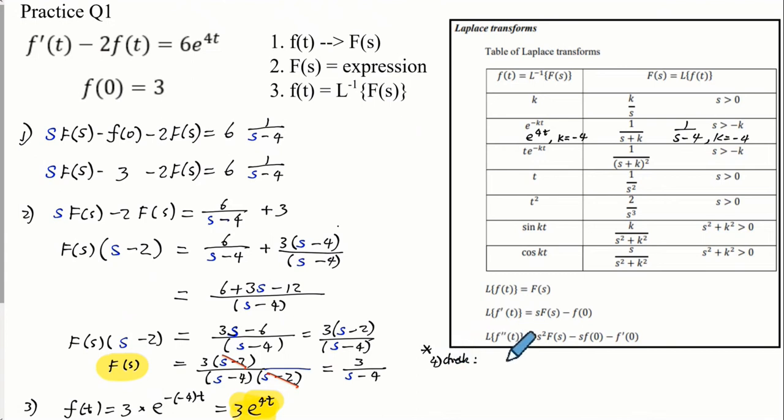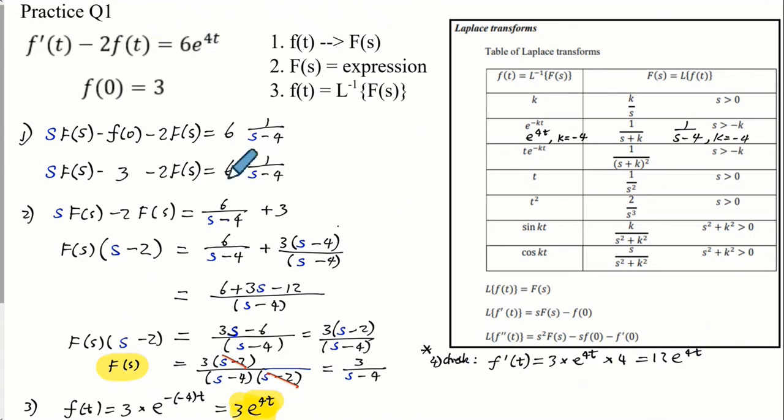You want to find out whether f prime of t minus 2 f of t actually equals 6 times e to the 4t. So f prime of t, if f of t is 3 e to the 4t, is going to be 3 times the exponential's derivative, which is itself, but there's an inside function 4t, so that has 2 times 4. So that is 12 e to the 4t.